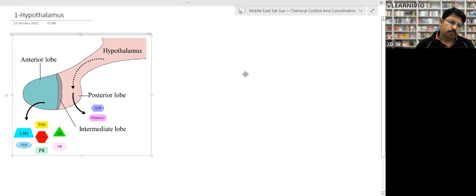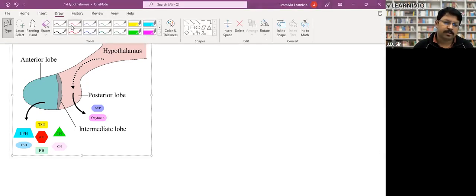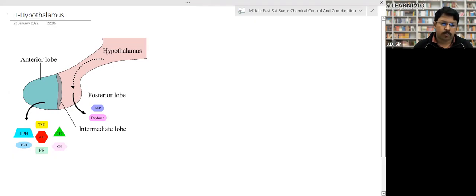Look, the formation of hormones takes place in the hypothalamus, but it does not itself secrete them. The hormones produced in hypothalamus are secreted with the help of the posterior pituitary.